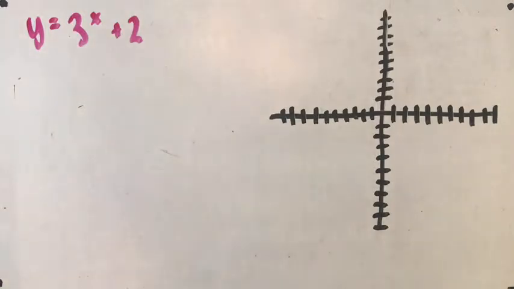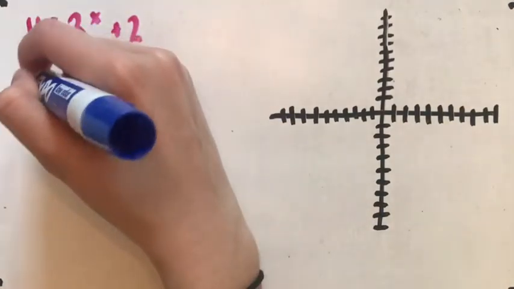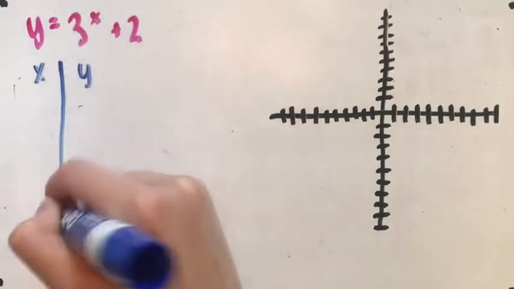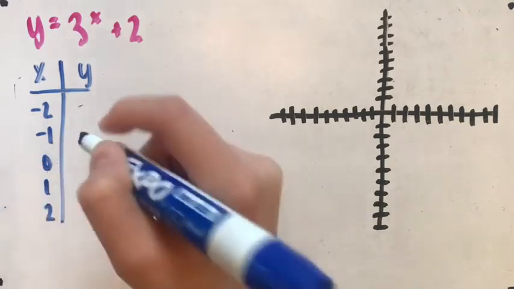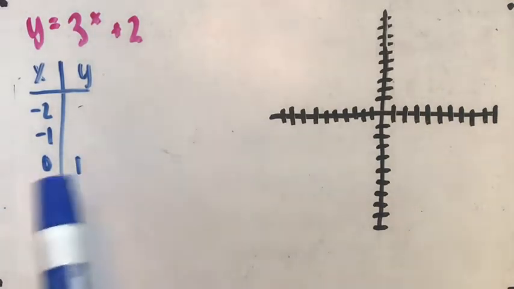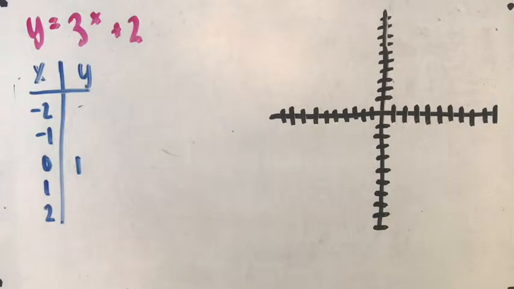So we'll still start by creating a table and plotting that first point at 0, 1.